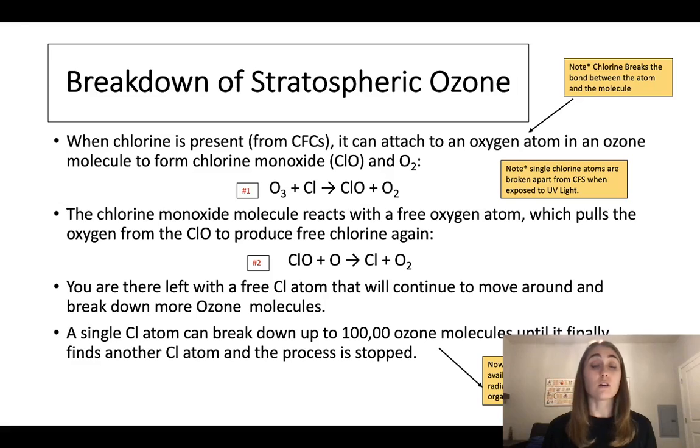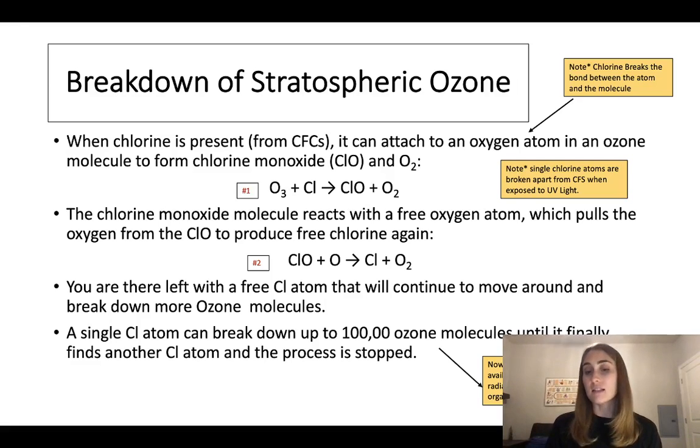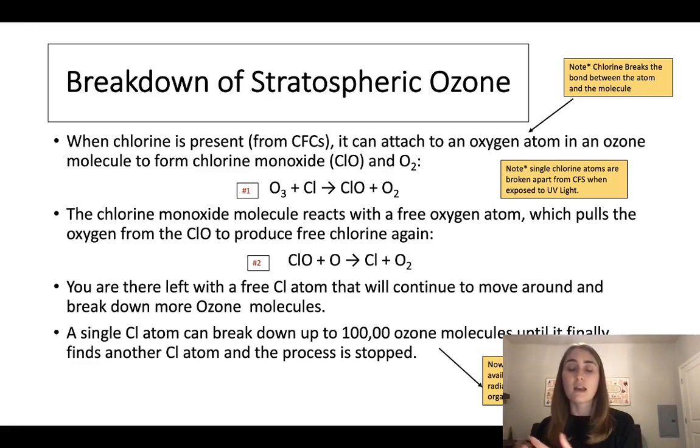So the ClO will then react with an independent or free radical oxygen, which we know free radical oxygens are randomly floating around in the atmosphere because UVC light breaks apart diatomic oxygen. And instead we'll get another single chlorine and diatomic oxygen again. That single chlorine now can move around and separate another O3 molecule, and the whole process can start again.